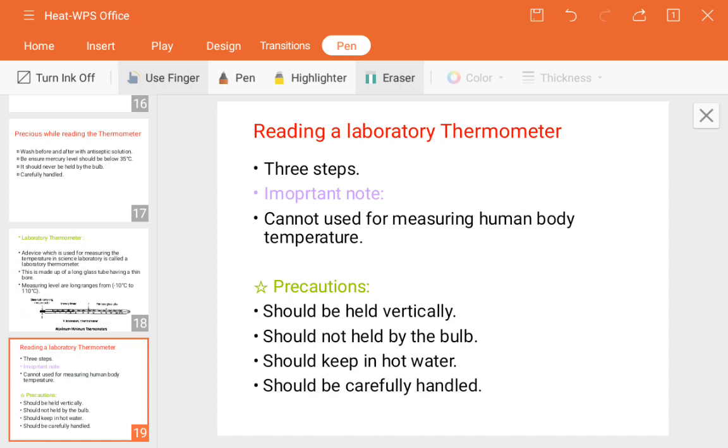But mercury is a toxic substance, as I have told you, a poisonous substance, and thus it is very difficult to dispose of safely. If a thermometer breaks, it will be very harmful for anyone. So there is a lot of concern over the use of mercury in thermometers.